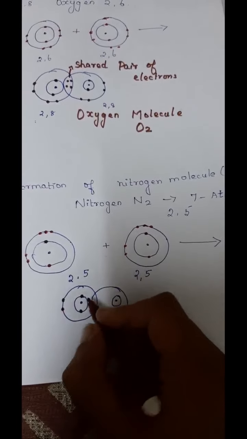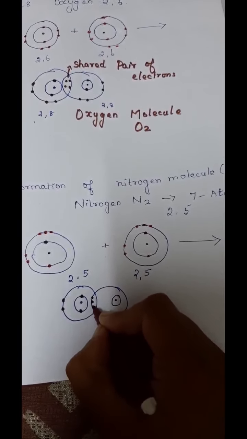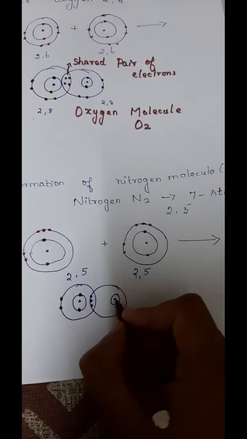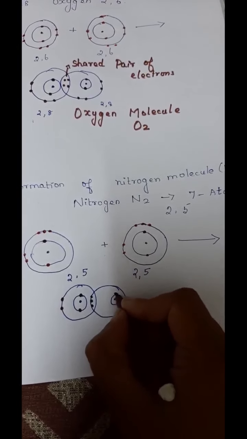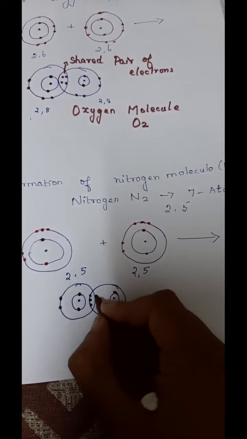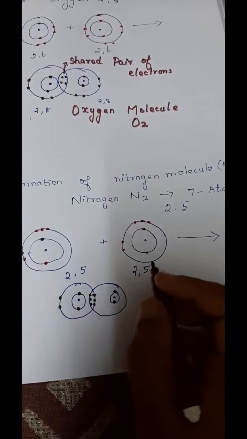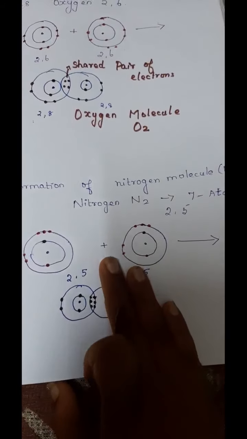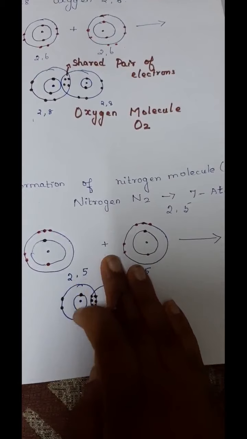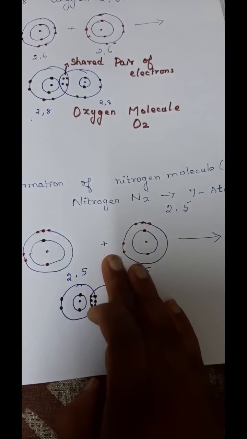So the remaining 3 will be shared here, 1, 2, 3. Similarly here 2 electrons, 1, 2. So the remaining 3, 1, 2, 3. So just count and see how many electrons. 1, 2, 3, 4, 5, 6, 7.